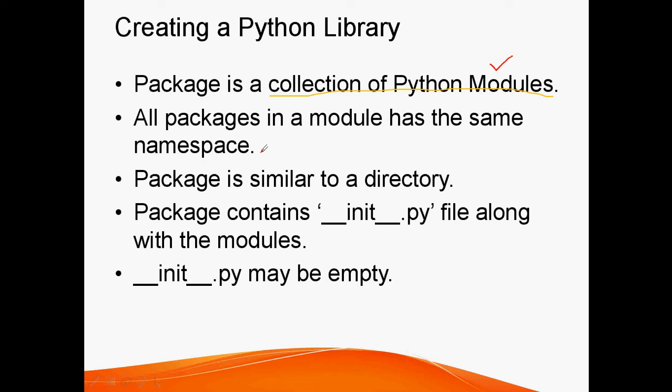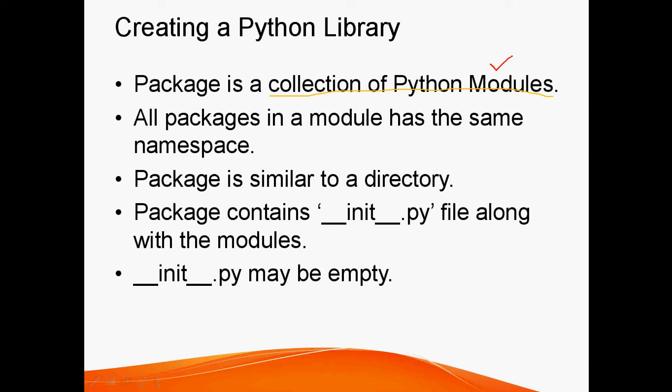So in your program, every name that you are using, the identifiers, functions that you are creating in your program will come under the namespace of your program. It will not be the namespace of some other program.